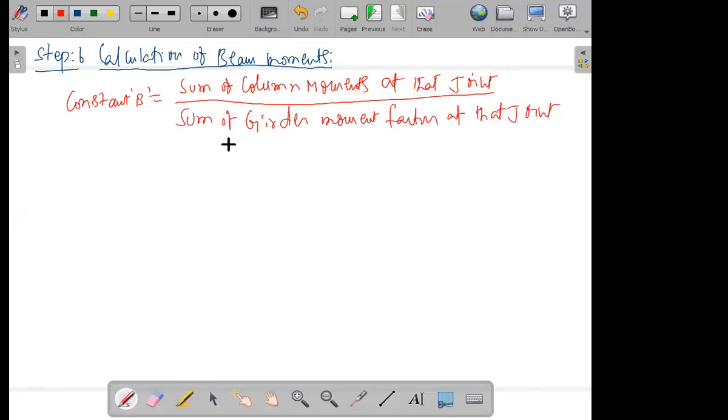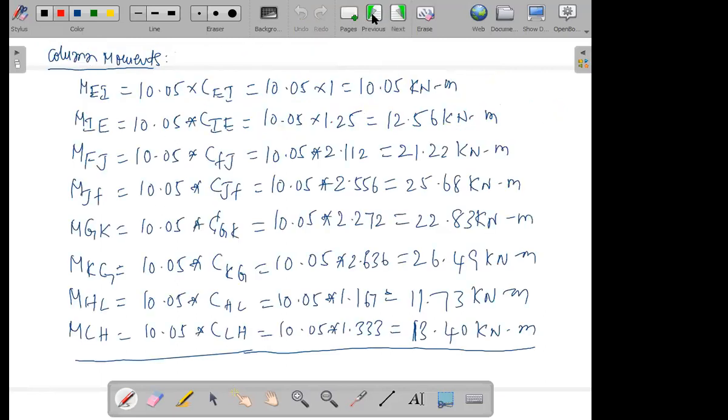Here the gutter moment factor we will represent with capital G. Just now you calculated the column moments. So you have to consider joint wise and find this.